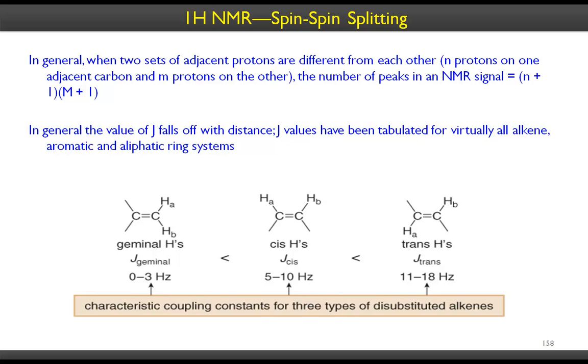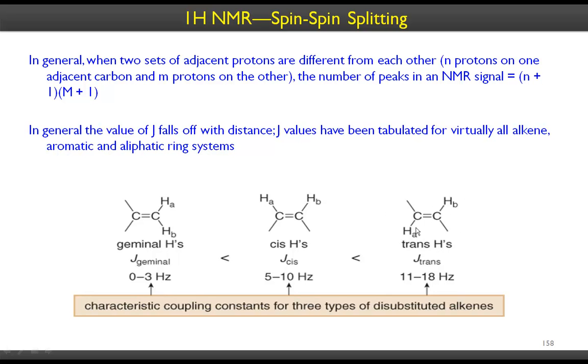In general, the value of J falls off with distance, and it's dependent on the dihedral angle as well. J values have been tabulated for various alkenes, aromatic or aliphatic systems, so you can refer to them. But just to generalize, the geminal couplings are the smallest couplings that you see, the cis couplings come next, and then the trans couplings.